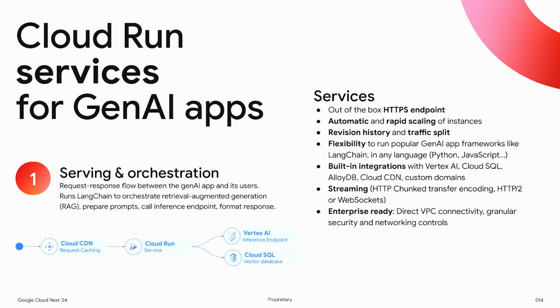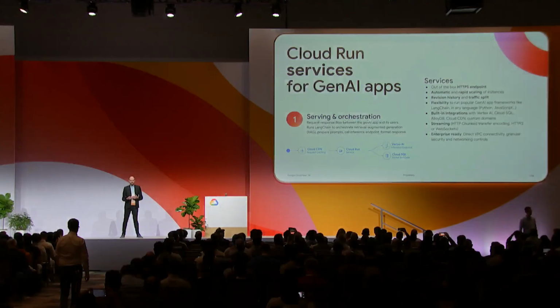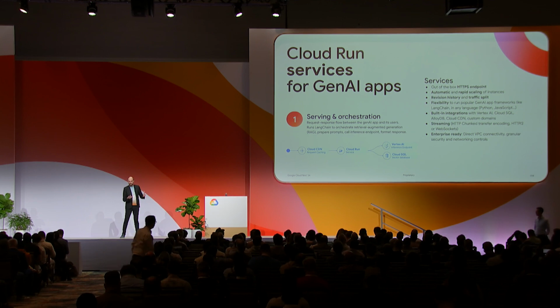There is a request-response flow between the GenAI app and its users, and this Cloud Run service runs LangChain to orchestrate the retrieval augmented generation, also known as RAG, to prepare prompts, to call the inference endpoint, and to format the response back to the end user. So here, the Google Cloud components you would be using are an application load balancer with Cloud CDN for some caching, a Cloud Run service calling a Vertex AI inference endpoint, and calling Cloud SQL for a vector database.